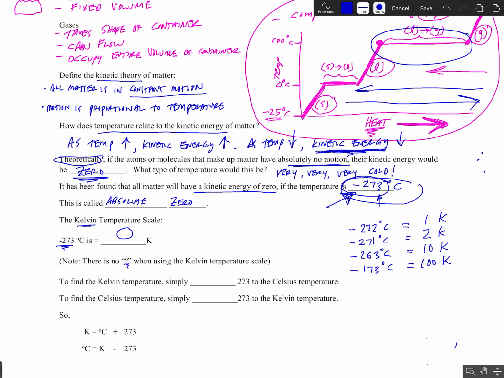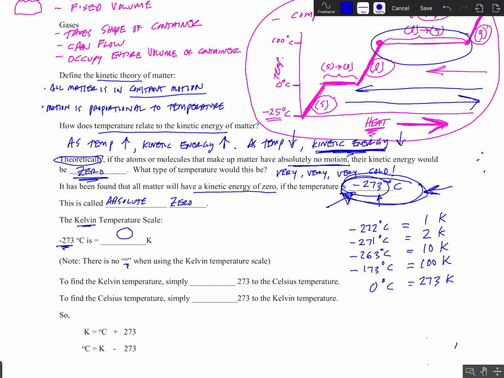You see how that works? Let's do a few more since you're getting good at it. What if we're 273 degrees above this lowest possible temperature? 273 degrees higher than negative 273. Wouldn't that put me at 0 degrees Celsius? Well, what would that be in the Kelvin temperature scale? If it's 273 degrees above the lowest possible temperature, we would call that 273 Kelvin.